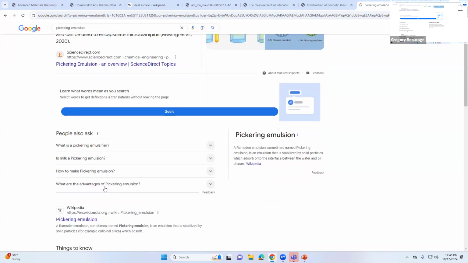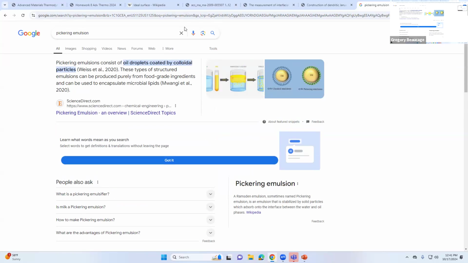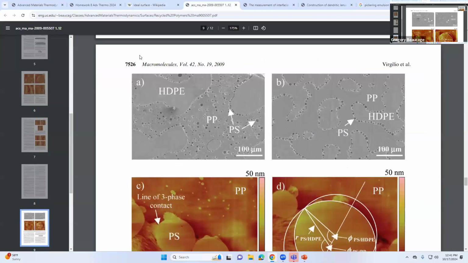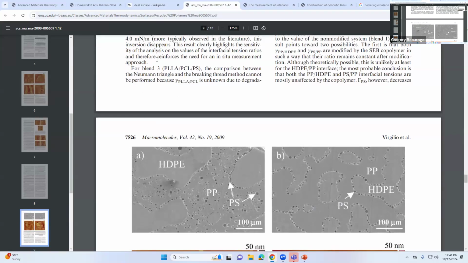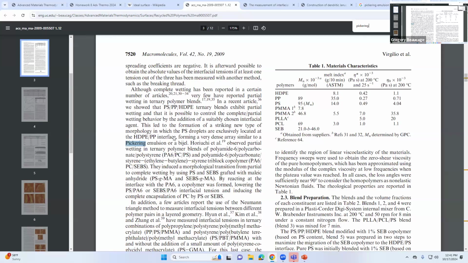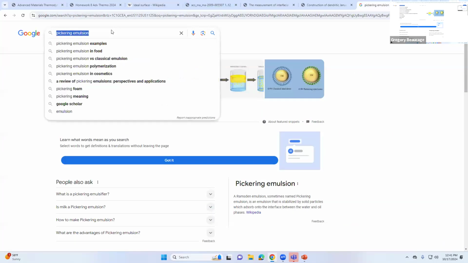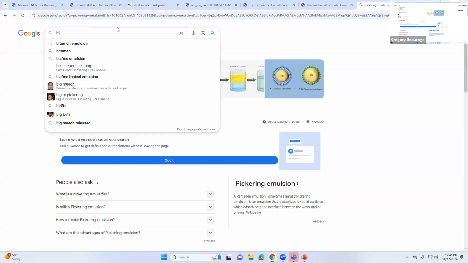And then there's also a thing called, let's see, there's another thing that he brings up in here. He says Pickering bigel, or a bigel, which is a kind of Pickering emulsion.